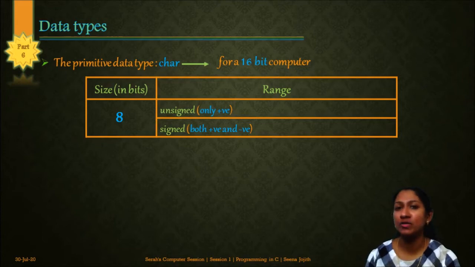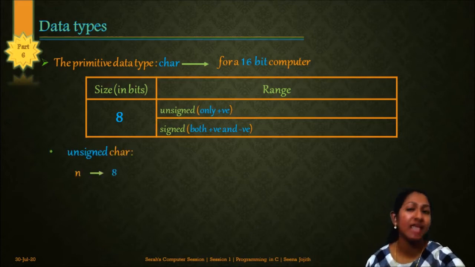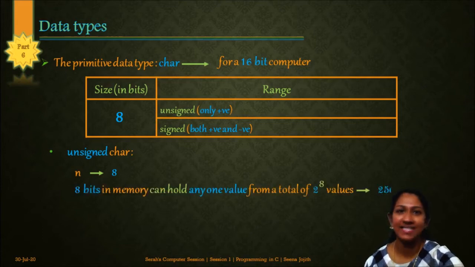Those who have watched my last video where I taught you how to calculate the range, we have seen both, right? Only the positive case as well as when we consider both positive and negative. So there are actually two cases while we take the char data type. Let's see how the range differs when we use unsigned and signed. For an unsigned character, if the n is 8, what is the next step?